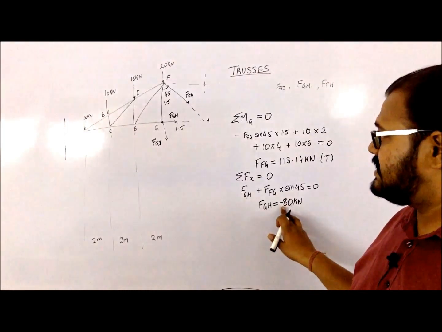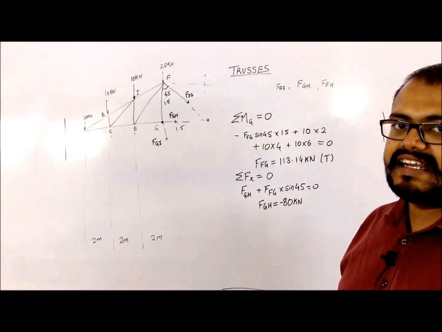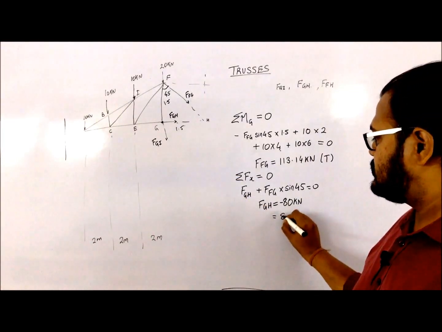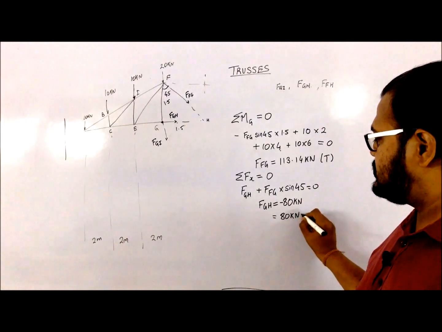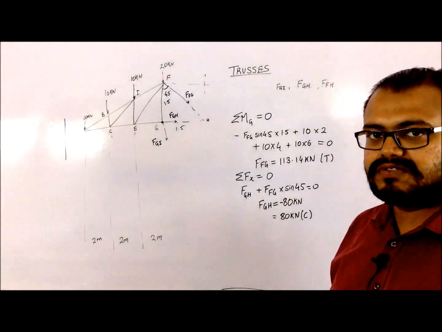So the minus sign indicates that it should be in the opposite direction. The direction should be inwards, and since it is inwards, the force which is present in that particular member is a compression force.